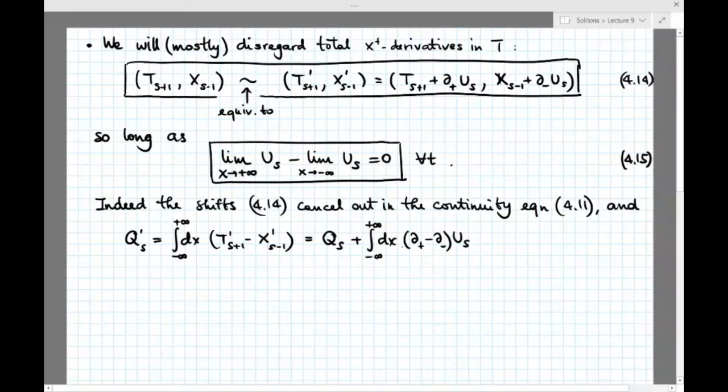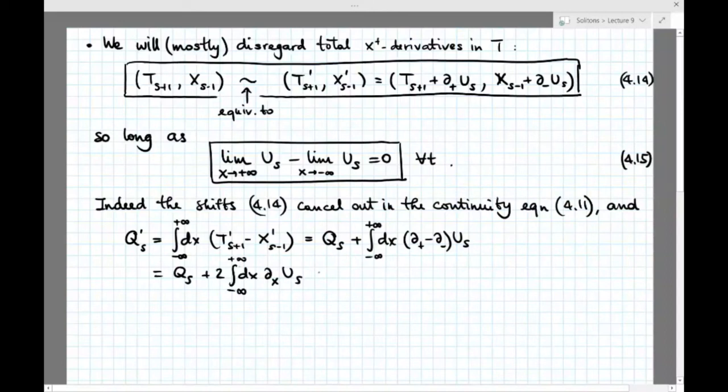But this difference of light cone derivatives is nothing but twice the derivative with respect to x. So this is Q_s plus 2 integral with respect to x, partial derivative with respect to x of U_s.